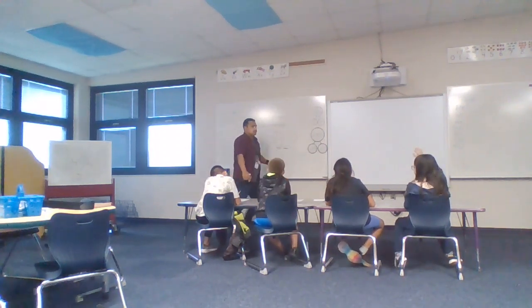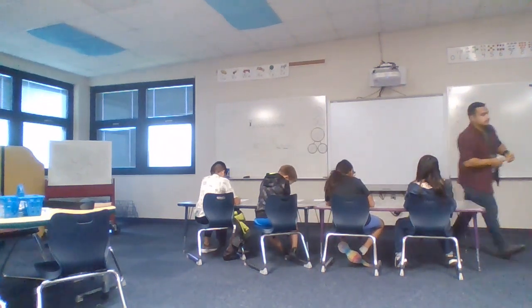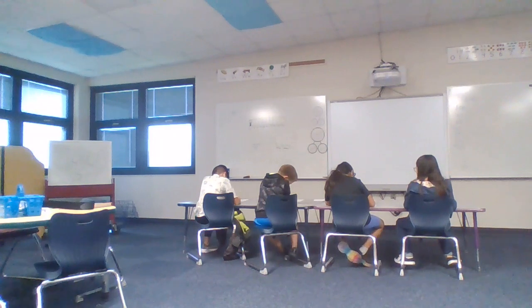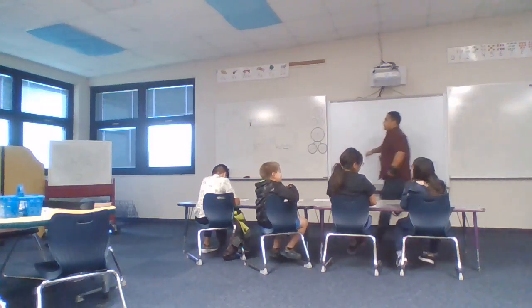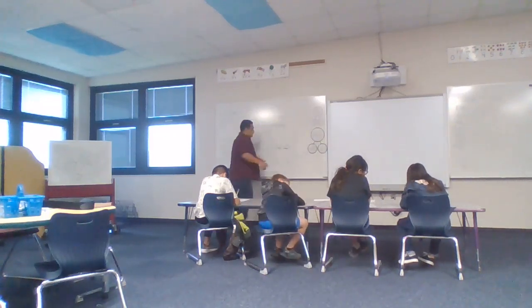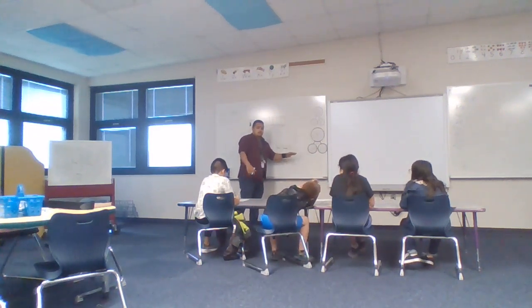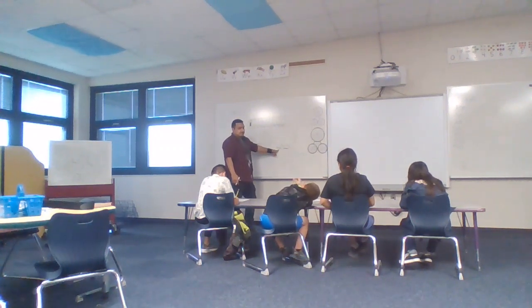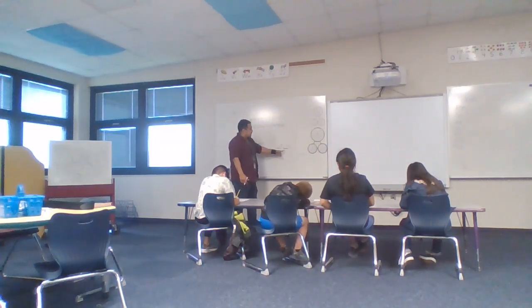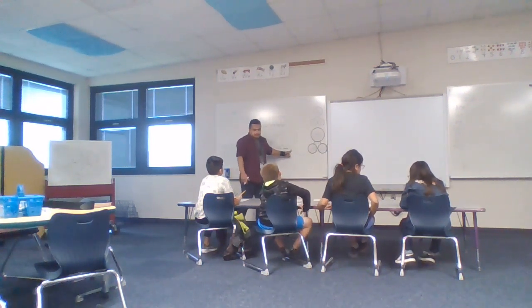I'll even put TH for the last one too. If you can remember this, you will always know what part of the decimal we're talking about. If a number is right here, it's the tenths. If a number is right here, it's the hundredths. And if the number is right here, it's in the thousandths.